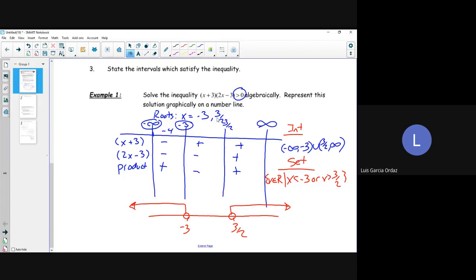Once there's more factors, and once you factor a polynomial with a degree of 5, the chart will have more factors to it. This one only had 2 because our inequality had 2.